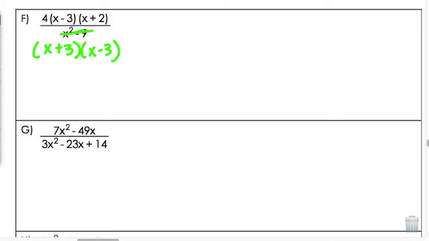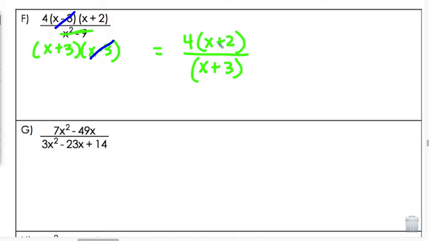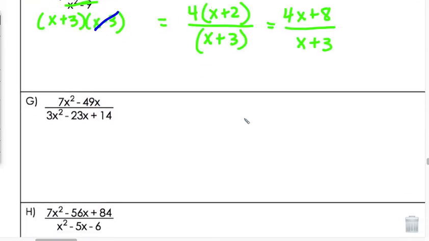Okay, and then I can see that I can simplify the ones that are the same, which will give me 4 times x plus 2 divided by x plus 3. Okay, and you can write this in factored form. Some people like to write it in standard form. Either one would be correct, depending on what is asked of you.